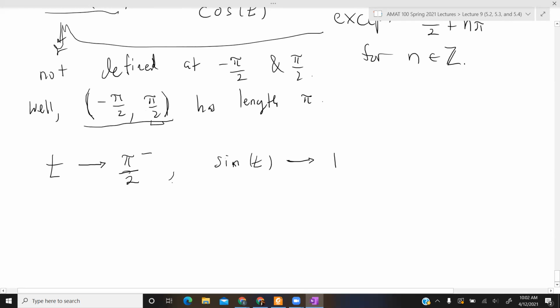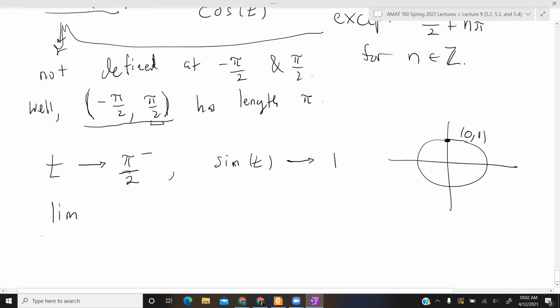So when you take the limit, you can just plug in the limit value to your function. So the reason why sine of t is approaching 1 as t approaches pi over 2 is because sine of pi over 2 just is 1. Remember, if you draw your circle, sine of pi over 2 corresponds to this point right here, the point 0, 1. So the y-coordinate is 1.